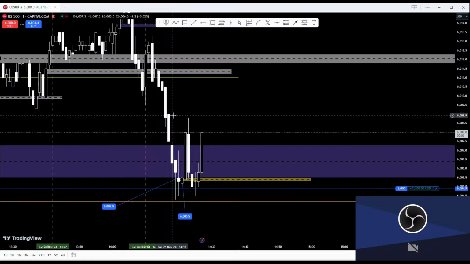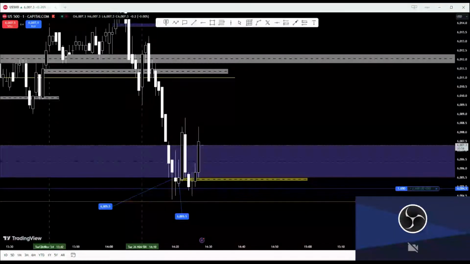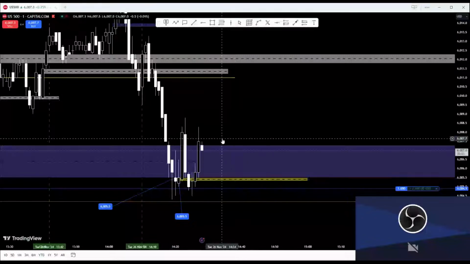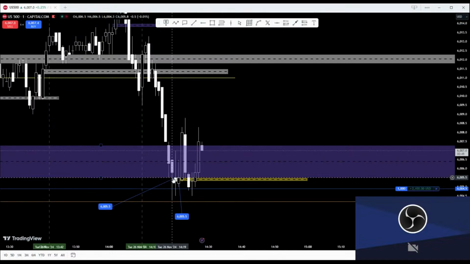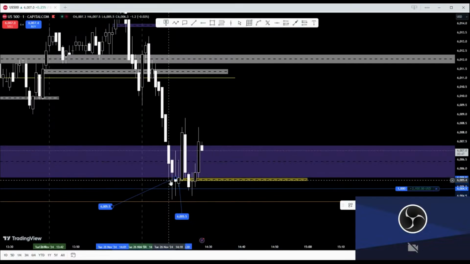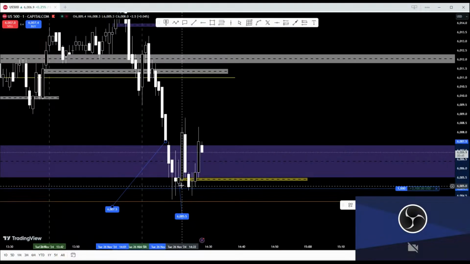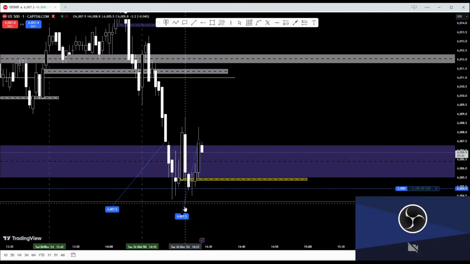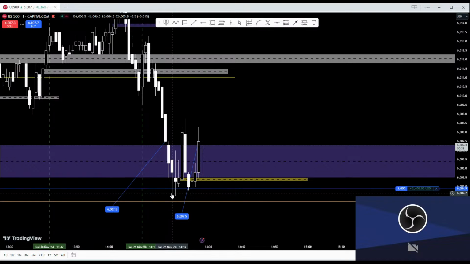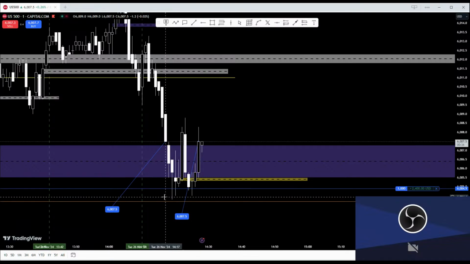I'm gonna ride the bottle. Oh my goodness. So this is at a 5 minute gap now. This price level and this one are about the same, so I guess the stop being there still makes complete sense.